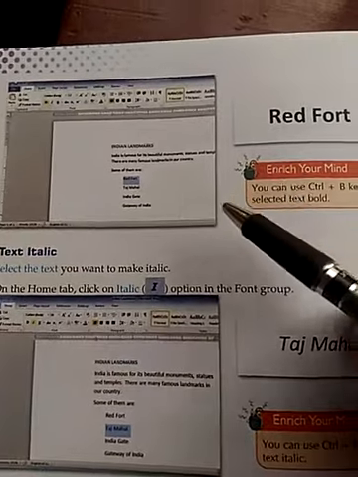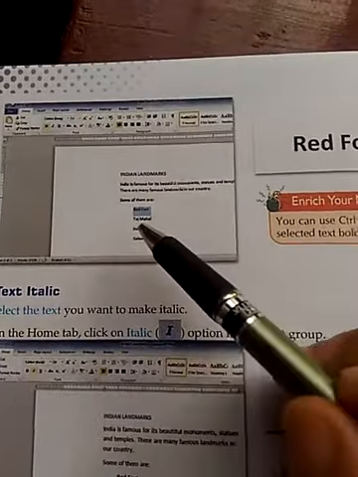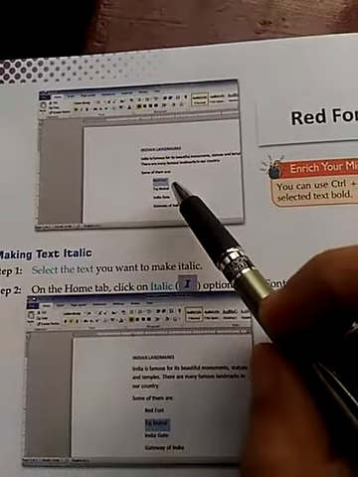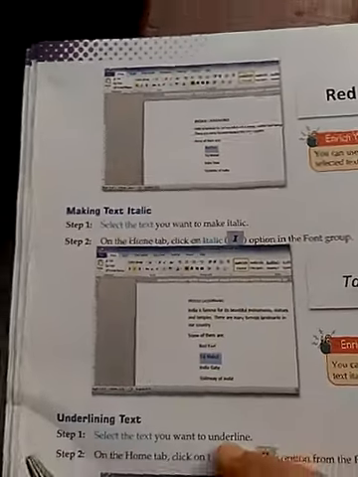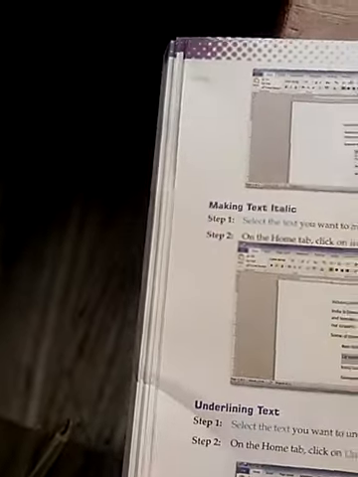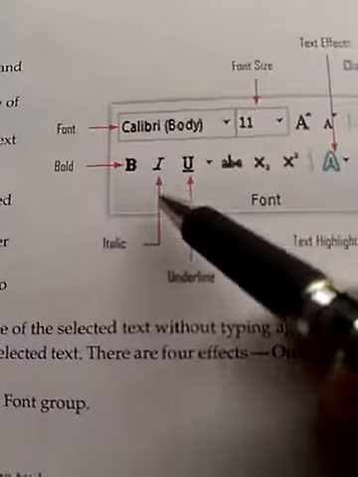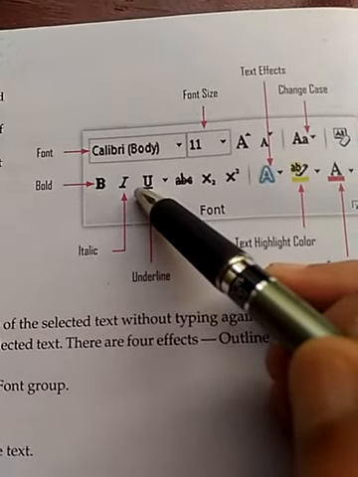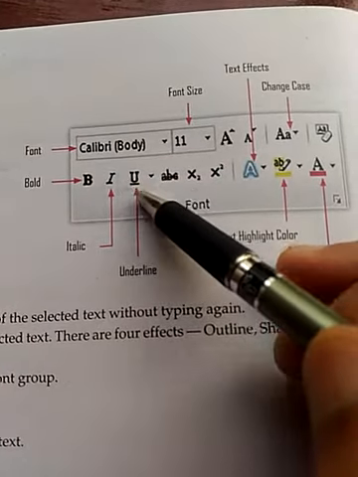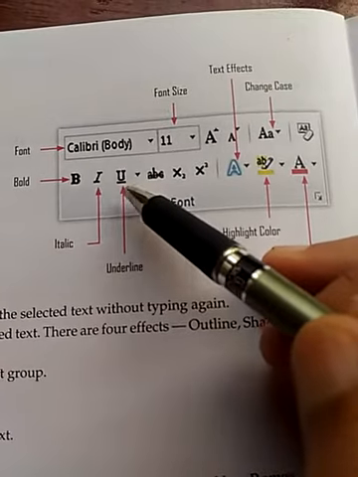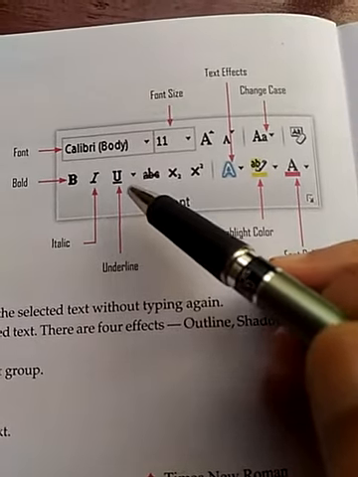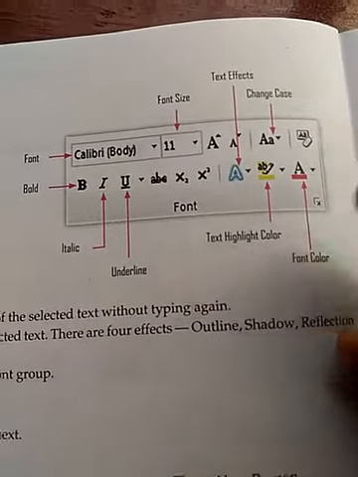Now if you want to make a text bold, then simply select a text. After that on the Home tab the option B is present. This option is used to make the text bold, this is used to make the text italic, this is used to make the text underline. Italic means it makes the text slightly slanted towards right.